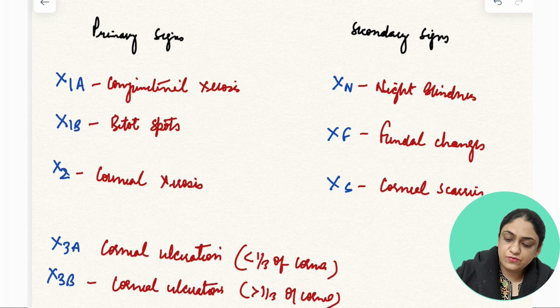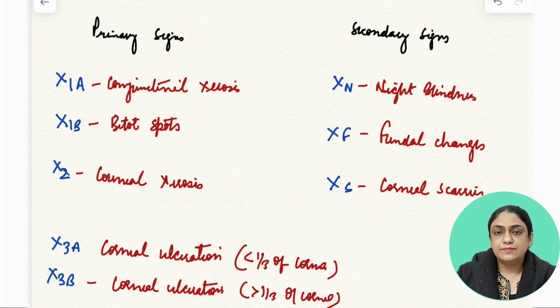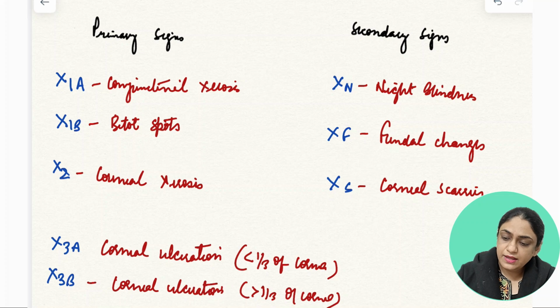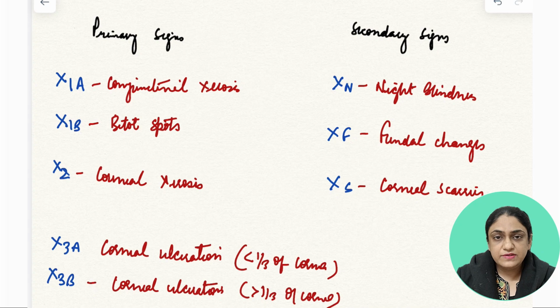This is the extreme, non-reversible form, where corneal scarring is present. So XN is night blindness, XF is fundal changes, and XS is corneal scarring. S for scarring.